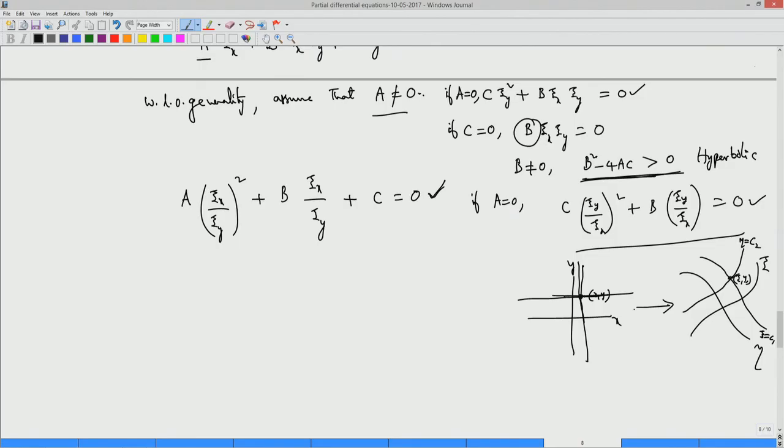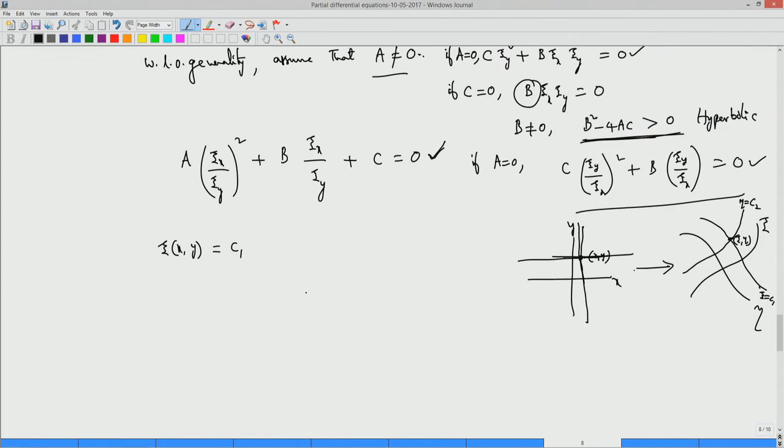Okay. We are interested only in this case because we have chosen a star equal to 0, which involves only xi. So, when you transform from this domain to that domain, any point x y becomes a point in xi eta passing through the curve xi equal to some constant. So, you can have xi of x y equal to constant c1.